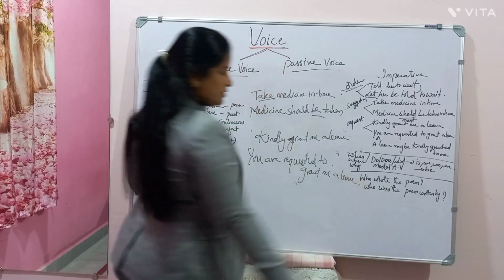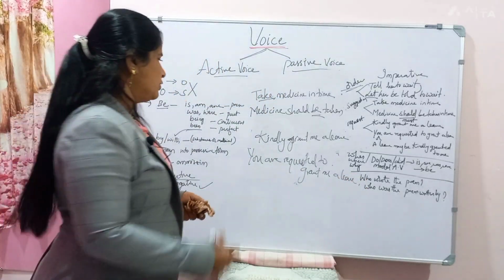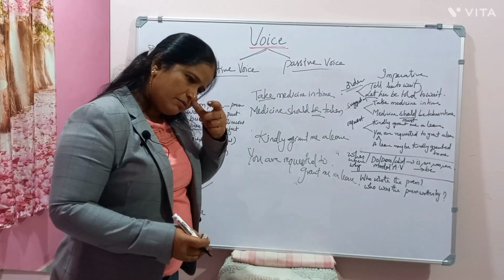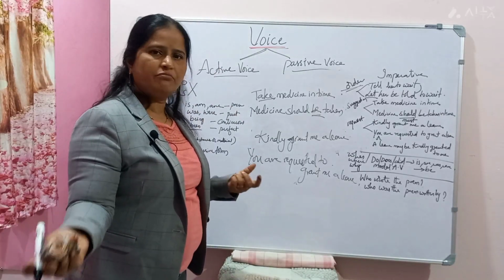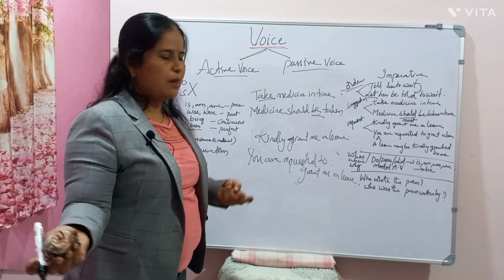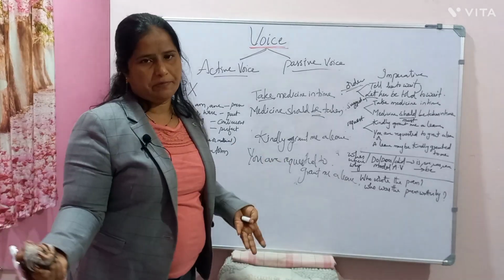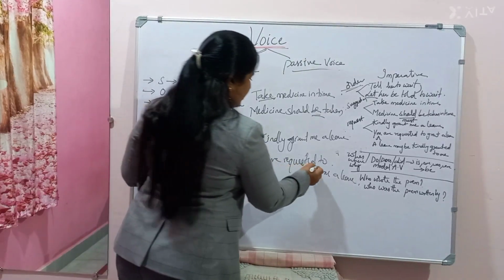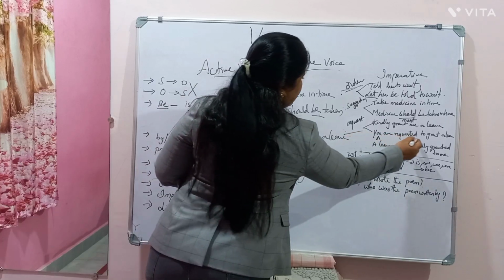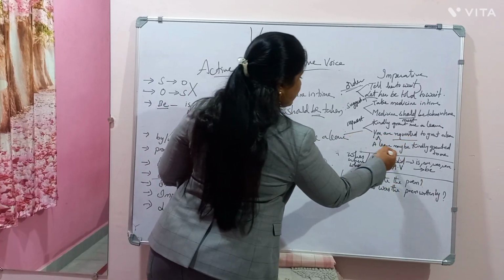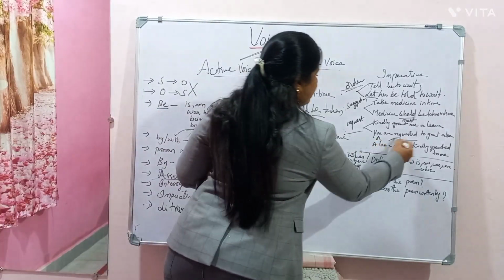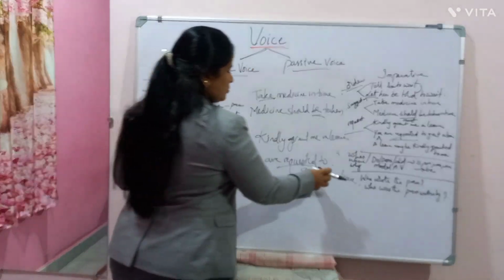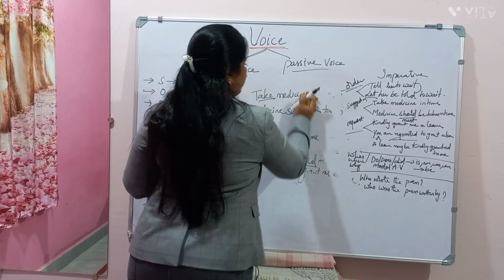Similarly, kindly permit me to go somewhere: you are requested to permit me. With request sentences, it is "you are requested", and sometimes it may be "leave may be kindly granted to me". That's also accepted, though the first is used more. So this is how we use the imperative sentences.